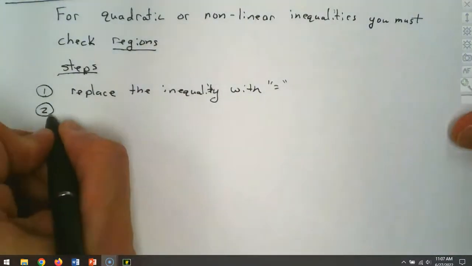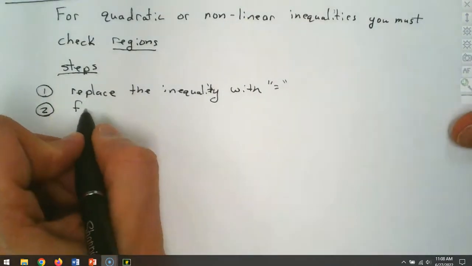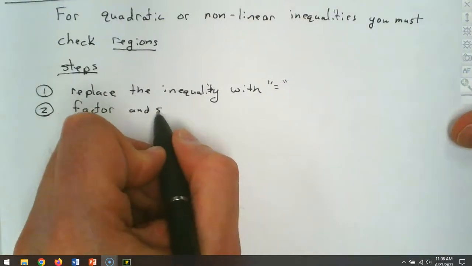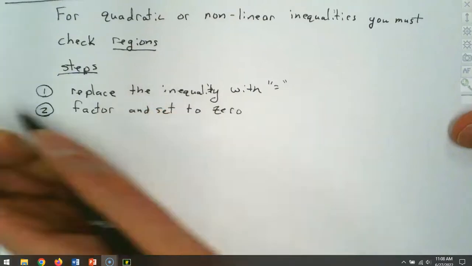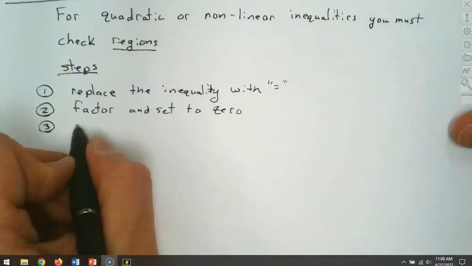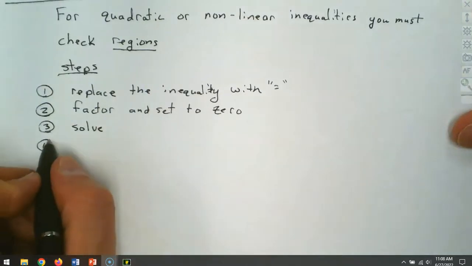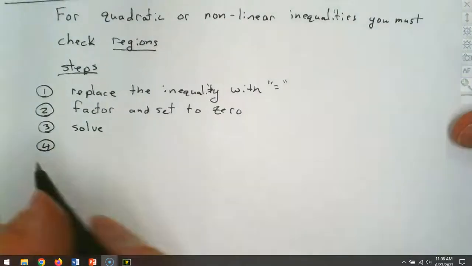And then step number 2 is we factor if we need to, and set to 0. Then we solve. And then we make regions and shade the true regions.